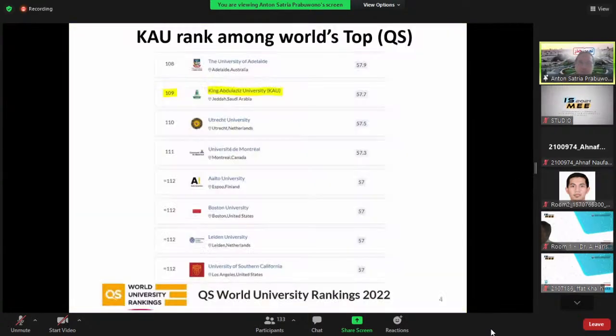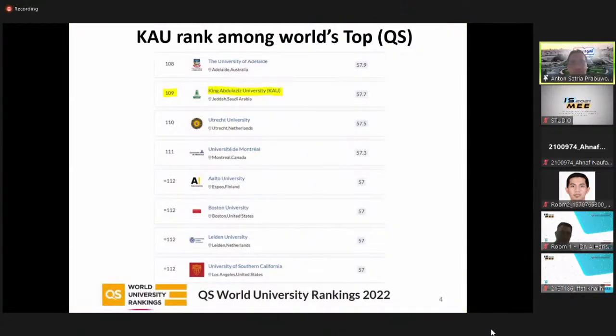Right. So King Abdulaziz University ranks 109, so towards the top 100 actually. Climbing up from previously around 140, now 109.